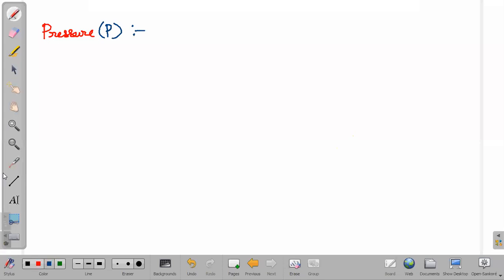Now, we know the definition; it is a basic definition only. Suppose I have some area over here, and on this area some surface is there.